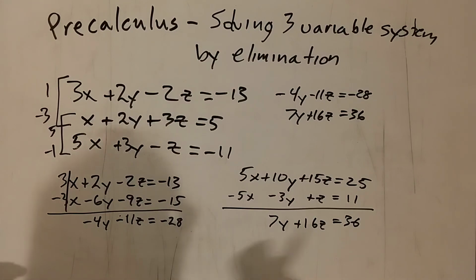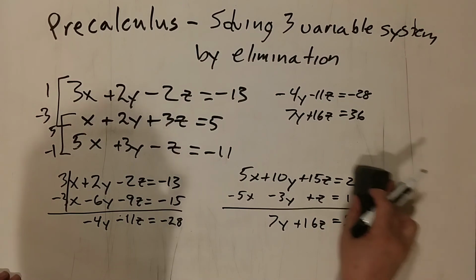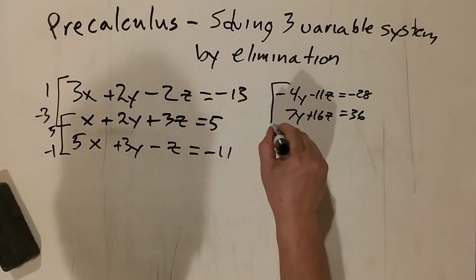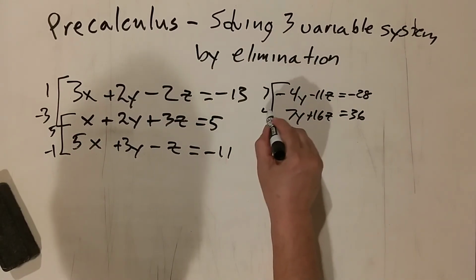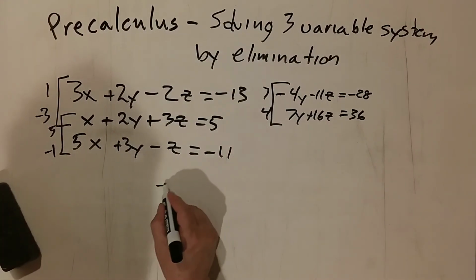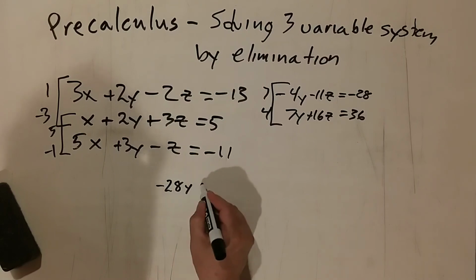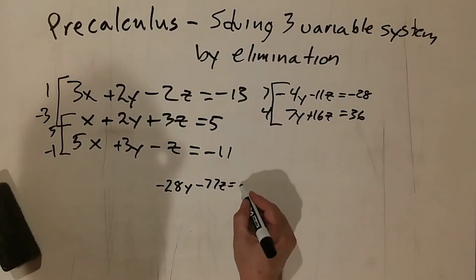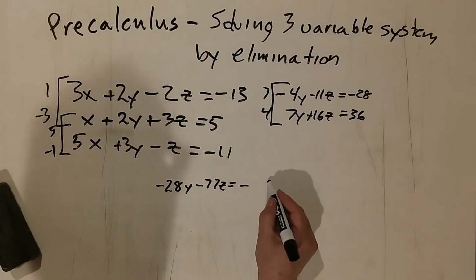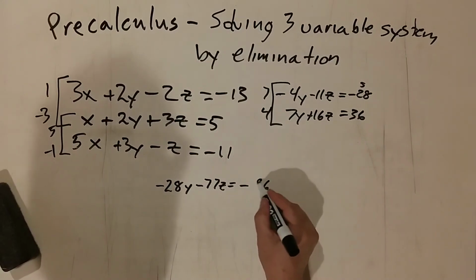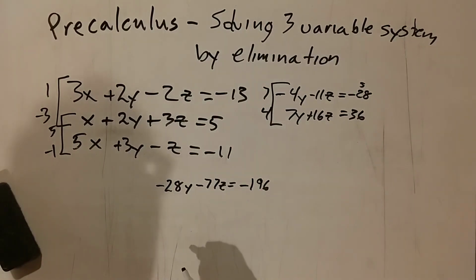Now we have a system of two equations with two variables. So now we will apply our method to this one, multiplying by 7 and 4. And that will give us negative 28y minus 77z equals negative 196.